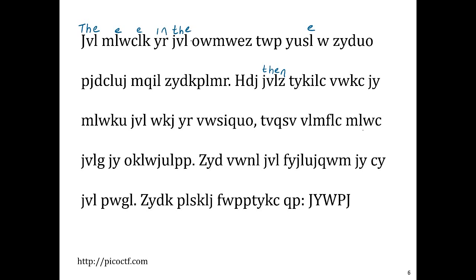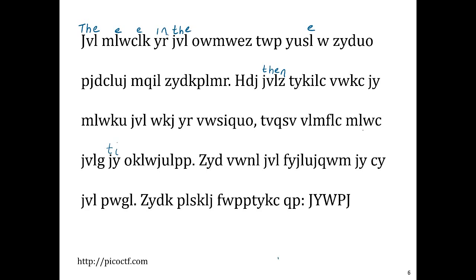Then we replace all the Y's with the letter I. For example, one place the letter Y occurs is right here. Now we already know that the letter J corresponds to T, so we have TI. Well, that doesn't make a lot of sense, and so we would know that our guess for "in" is actually wrong, and we'd go back and try something else.